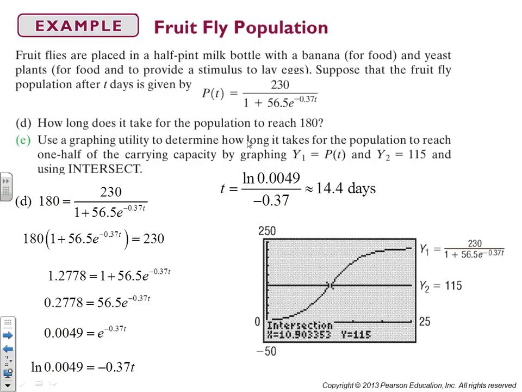Use a graphing tool to determine how long it takes for the population to reach 1/2 of the carrying capacity. The carrying capacity, we determined, was 230, and half of 230 is 115. So you graph y equals 115, and you graph your function and find where they cross. So at about 10.9 days, we are at half of our carrying capacity.